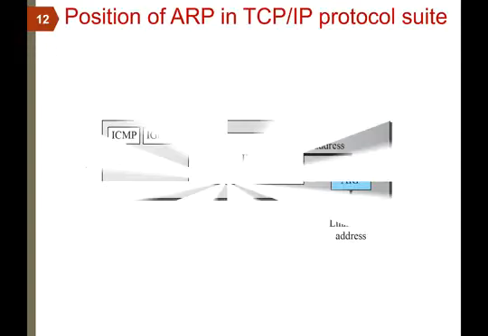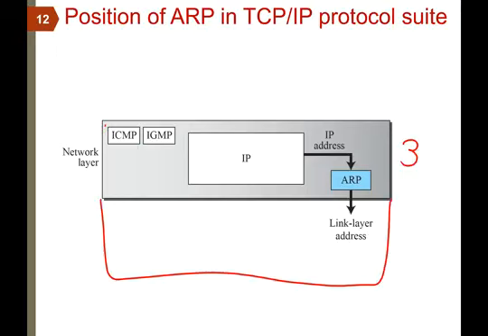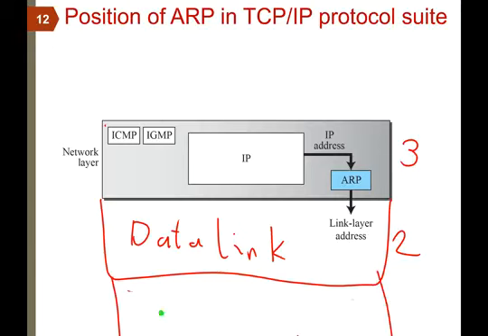So if we look at ARP, you see, this is network layer, so it's layer 3. ARP is not a layer 2 protocol. ARP is a layer 3 protocol, but it provides services to layer 2.